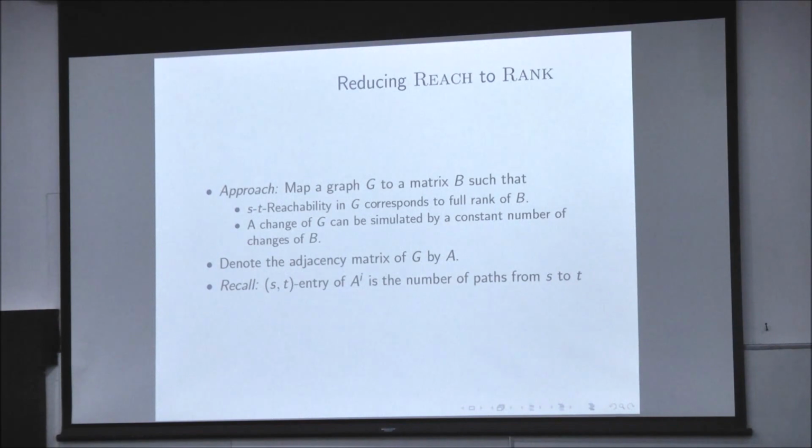So if you denote the adjacency matrix of G by A, recall that you can count the number of walks from S to T by just powering the matrix. Correct? So you power the adjacency matrix to the higher power, and look at the number of paths from S to T. This is just the S,T-th entry of the resulting matrix.